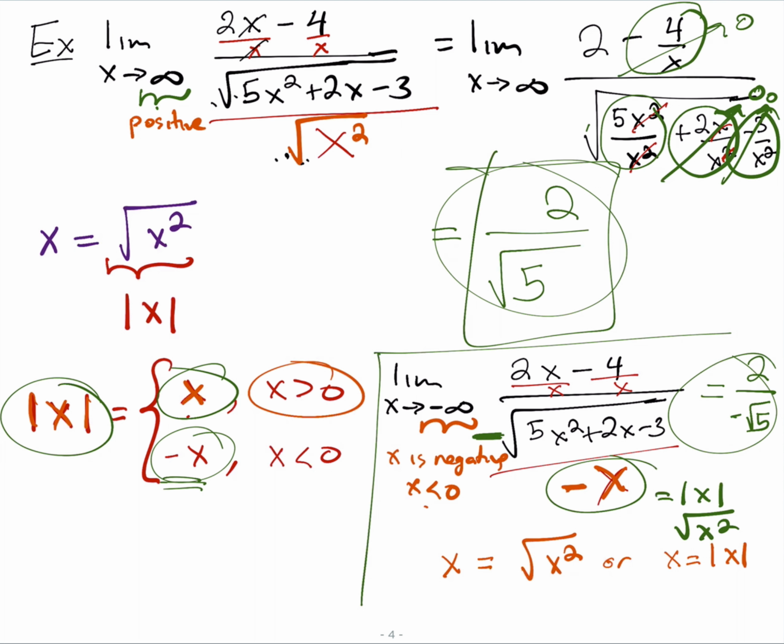Should there be another negative sign in the numerator? So should the 2x minus 4 be divided by negative x? Because wouldn't you just get a positive number in the numerator, making it positive 2 over radical 5? No, I mean, it depends on the way you approach it. In this case, we said we're going to divide by x.